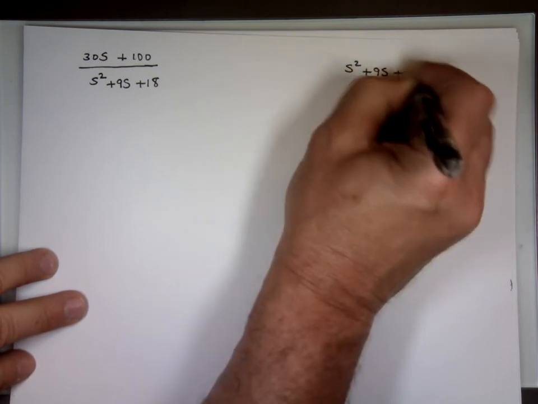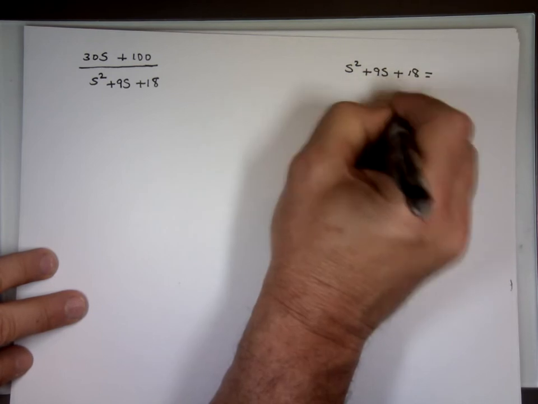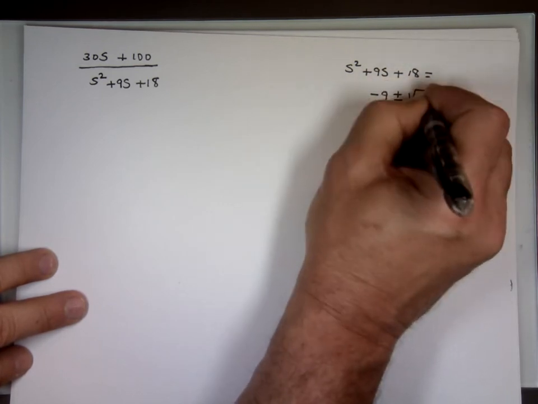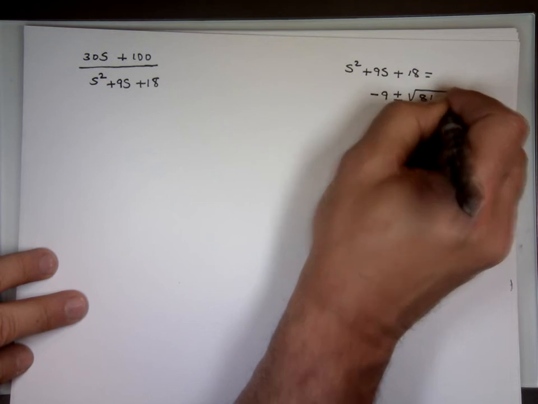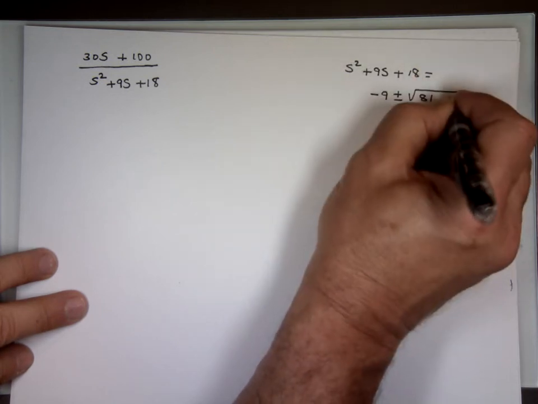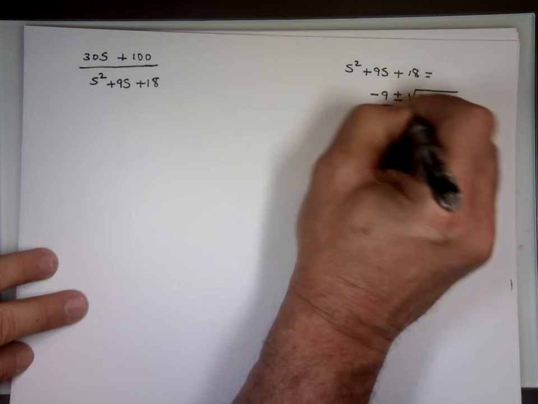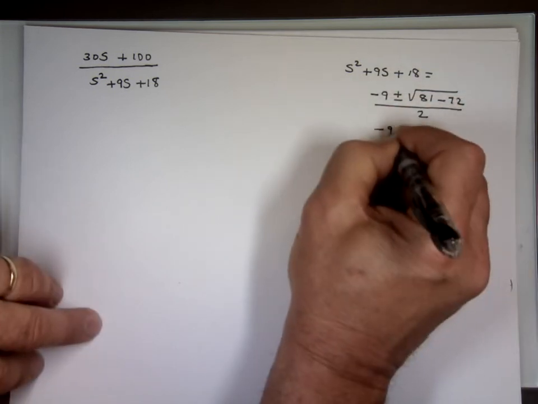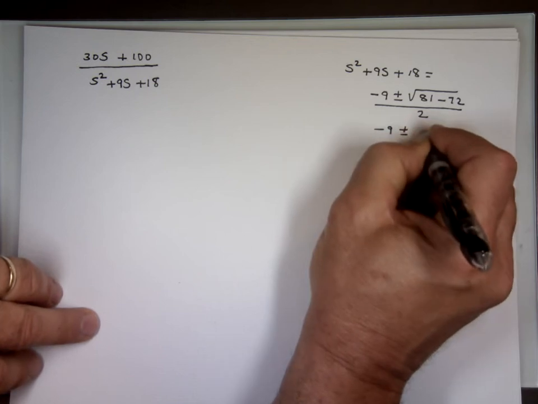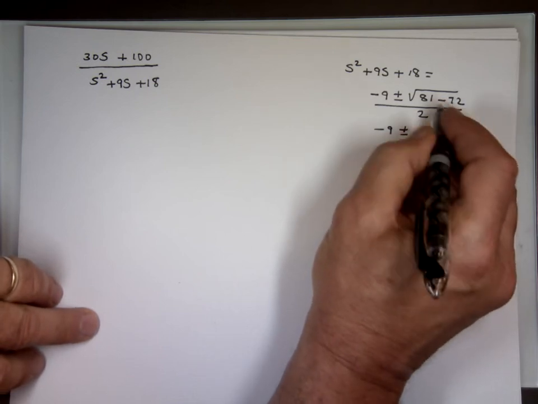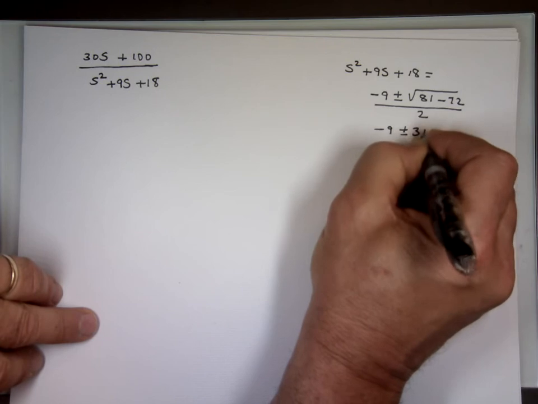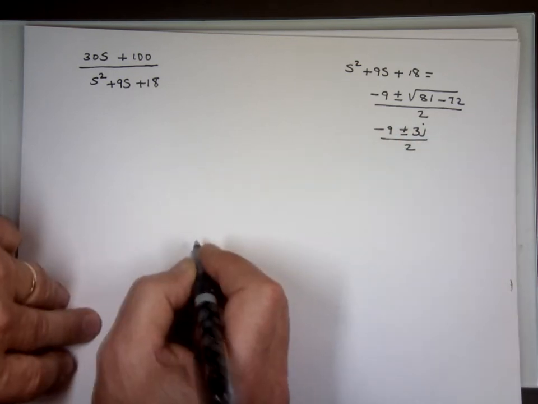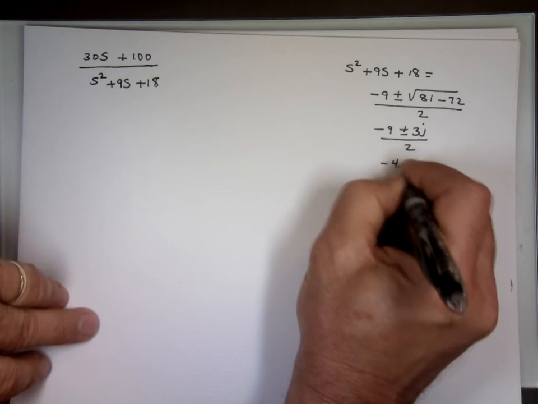Negative 9 plus or minus the square root of 81 minus 4 times 1 times 18, which is 72, divided by what? 2. Negative 9 plus or minus the square root of 9j, square root of 9, which is what? 3j, divided by 2. Negative 4.5 plus or minus what? 1.5j.